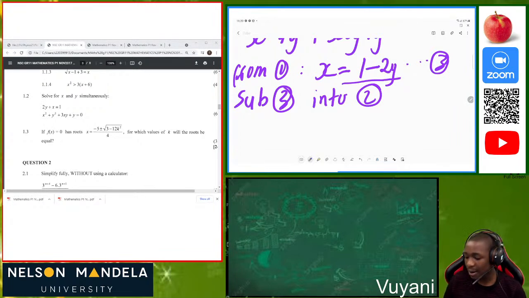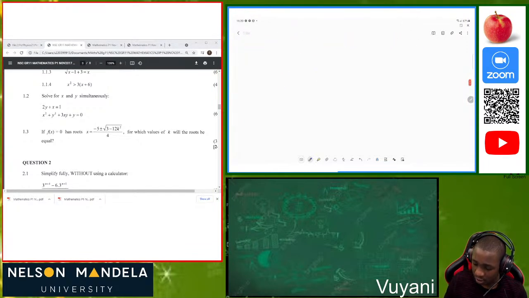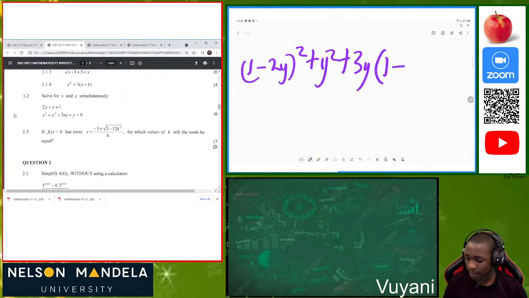Now, x squared means we have to replace by 1 minus 2y, so we're going to have 1 minus 2y all squared, then plus y squared, plus 3y times x. Don't forget, wherever we see x, we have to substitute by 1 minus 2y. Okay, then we have plus y to be equal to 0.